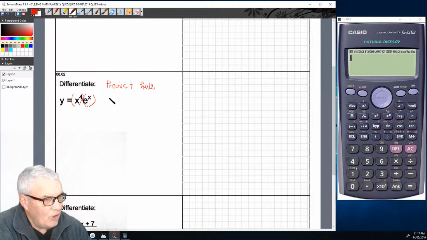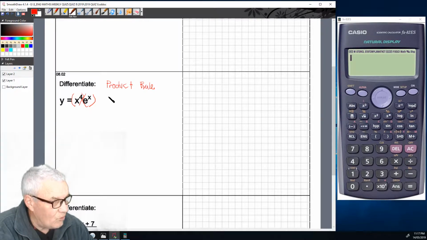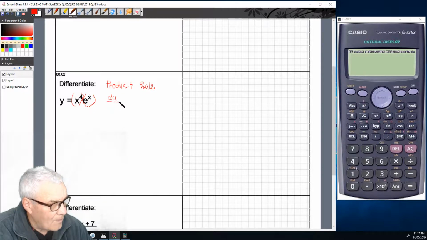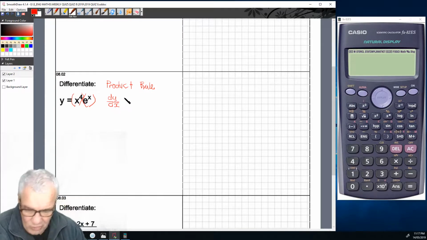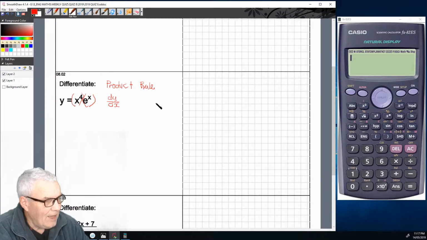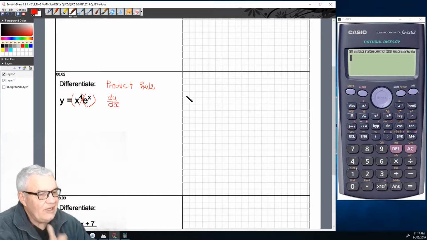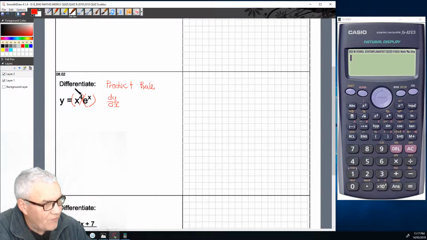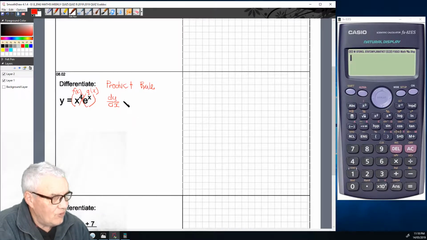Okay, and what that says is that dy by dx, and what we do is we give each of these functions a name. So we call this one f of x, and then this one here, g of x, because they're separate functions: the exponential function and, well, a power function.